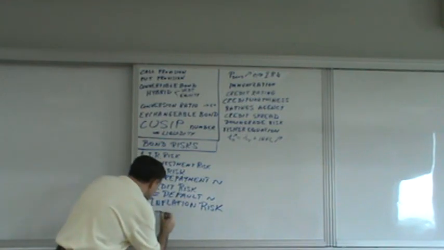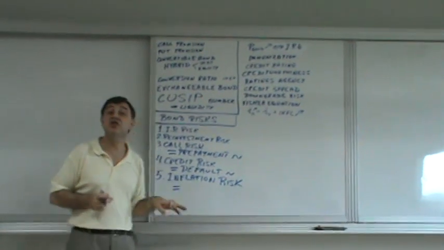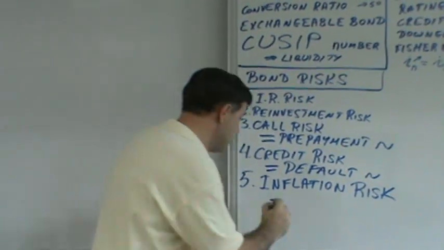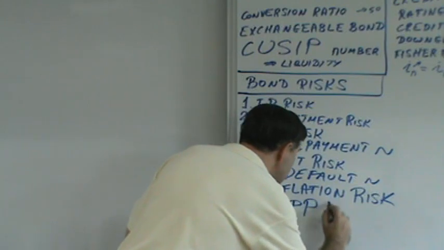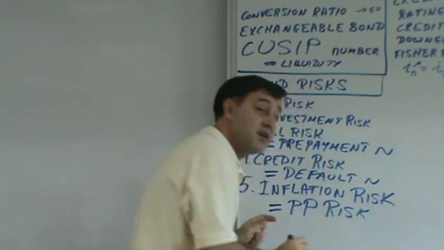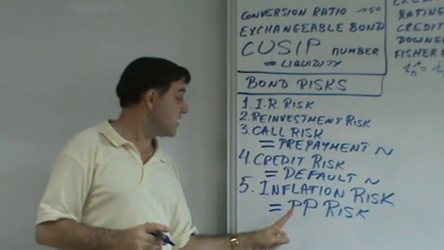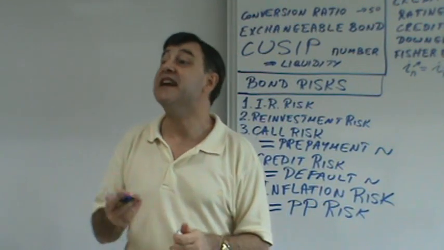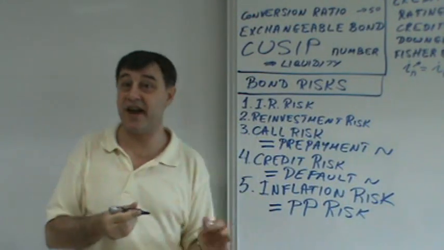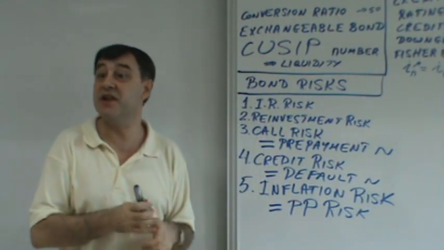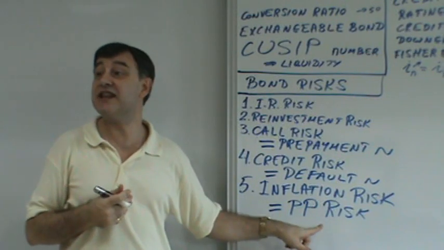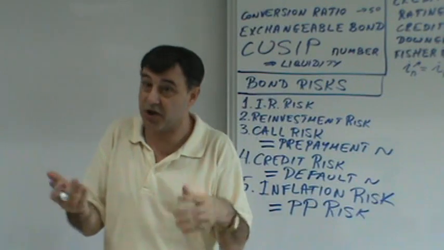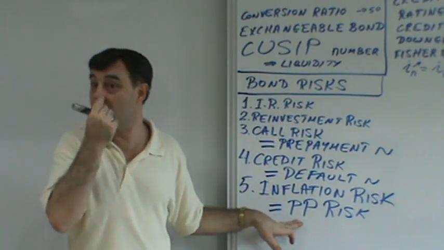Now, that's the one type. The other type associated with inflation risk is known properly and separately as purchasing power risk, sometimes shortened to PP. And purchasing power risk is exactly what I explained a few minutes ago with the United States, where the US will inflate the value of the dollar, the price of the dollar, and the purchasing power of the dollar falls.